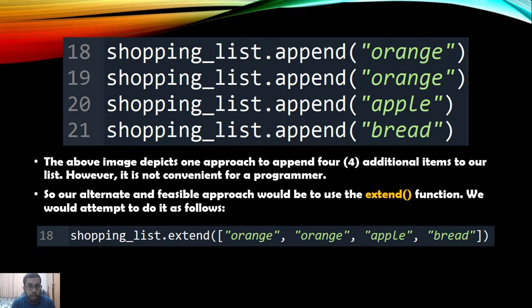The above image depicts one approach to append 4 additional items to our list. However, it is not convenient for a programmer. So, our alternate and feasible approach would be to use the extend function. We would attempt to do it as follows. shoppinglist.extend orange, orange, apple, bread.